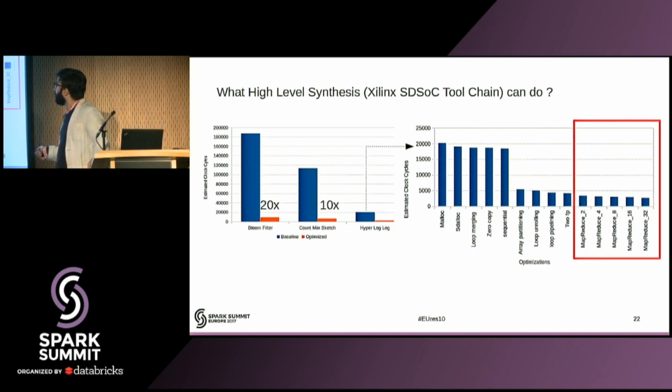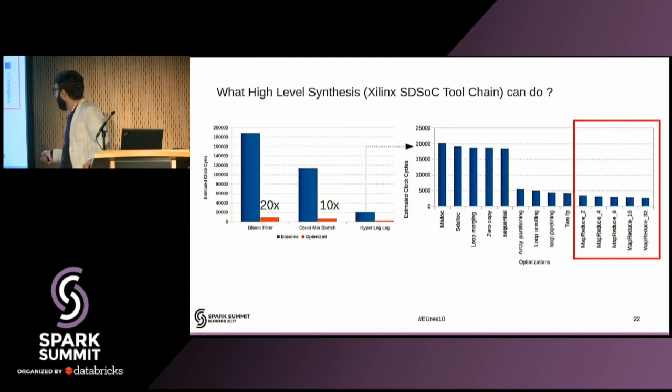And what I'm showing is that in this SDSoC, you have different pragmas which you insert into your starting code, which is written in C or C++. So you could see that, for example, this is the baseline here. And as you start playing around with the different optimizations, the numbers just start going down, down, down here.